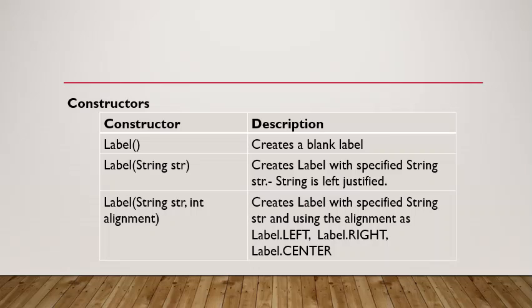Basically labels display prompt messages like enter your name, enter your address, enter your contact number. So is there any use for an empty label? Yes, there is also a use of an empty label.